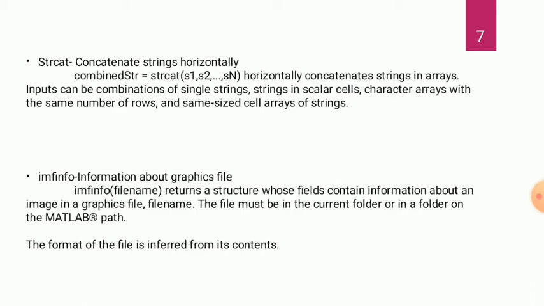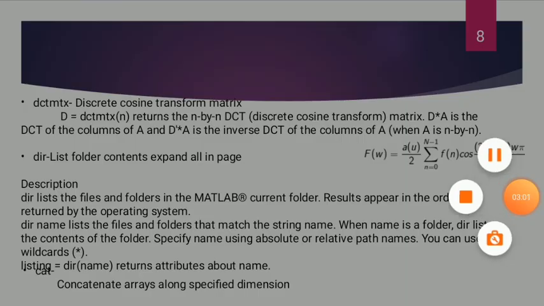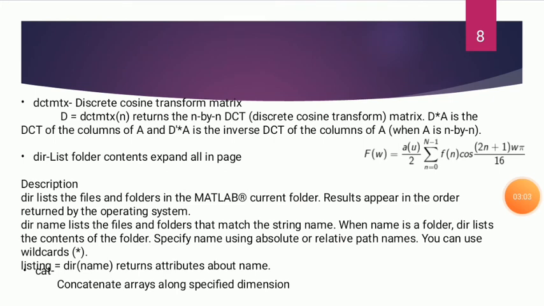Next we come to DCTMAT, which means the discrete cosine transform matrix. DCTMAT returns the DCT matrix of size n.